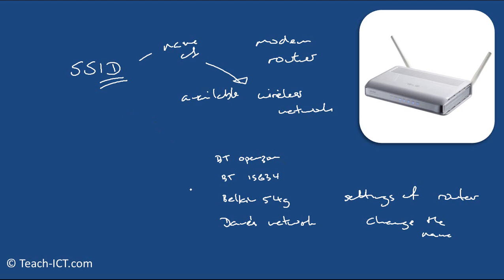So when you get your phone and bring up the list and go, oh, look at these available networks, those are the SSIDs. But of course, once you've found a network, you'll notice that most of them have little padlock symbols next to them, because they are in fact secure.